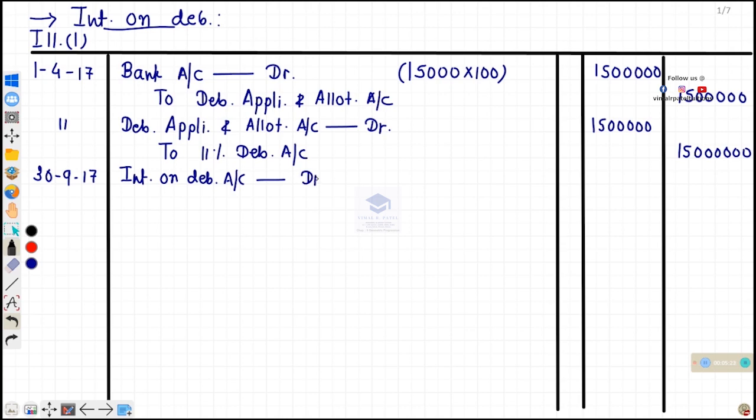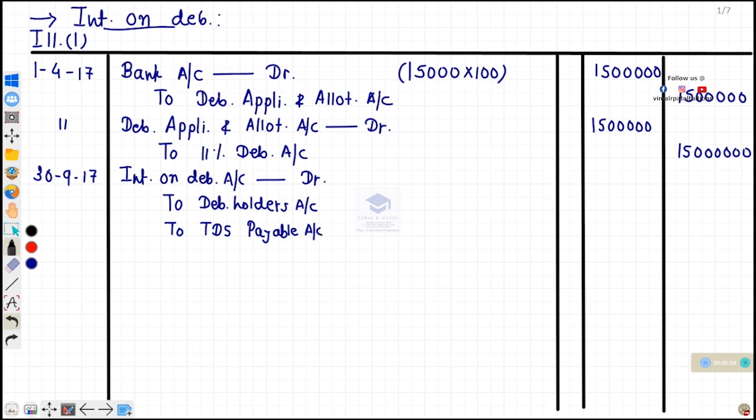Now, interest is payable to the debenture holder, and on that tax is payable to the government. So debenture holder account will be credited, to TDS payable, or you can write income tax payable, one and the same thing. TDS means tax deducted at source.